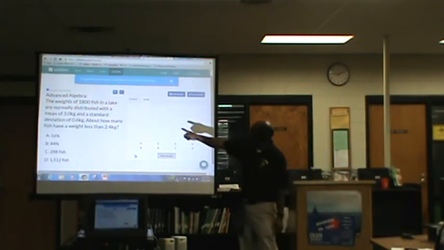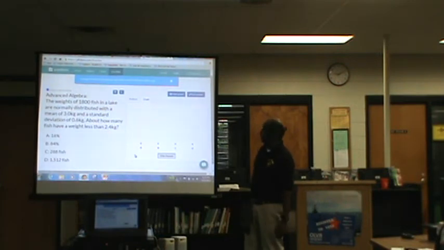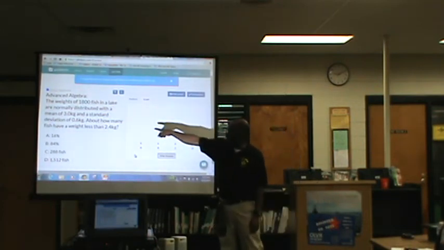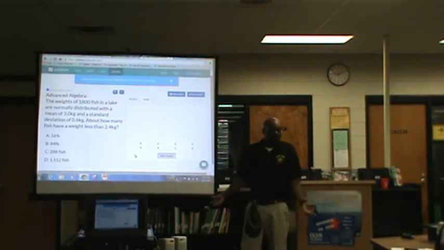So when you're doing a question like this, we share some logic and common sense along with the ability to do the problem. Because when you read that, the main question is about how many fish, so that should negate 2 of those choices right there, because A and B don't even talk about the fish.